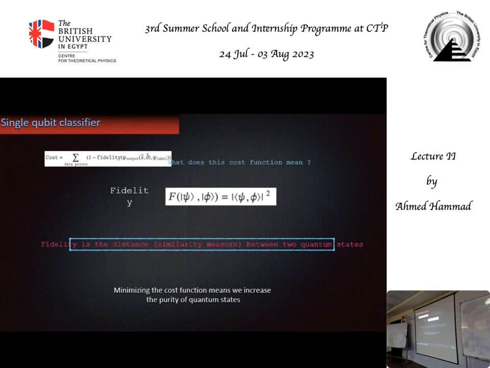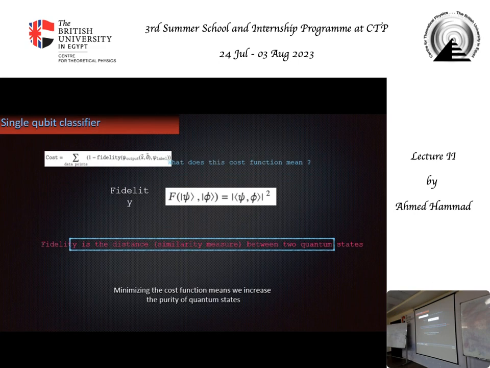In classical machine learning, we have the cosine similarity, and we are going to see that. So this fidelity, or 1 minus the fidelity of the two states, is actually a metric distance cost function, so you can measure how close the two states are.